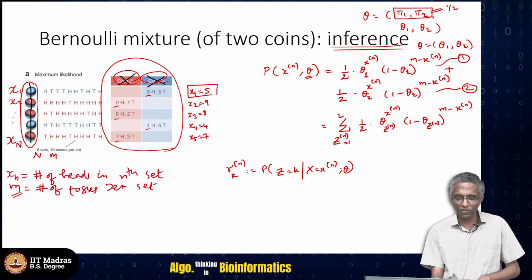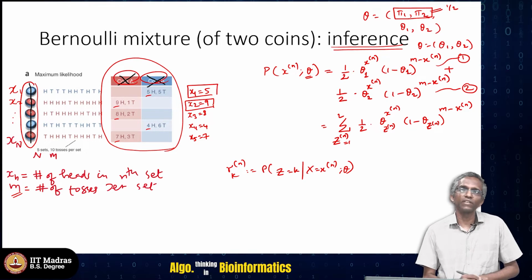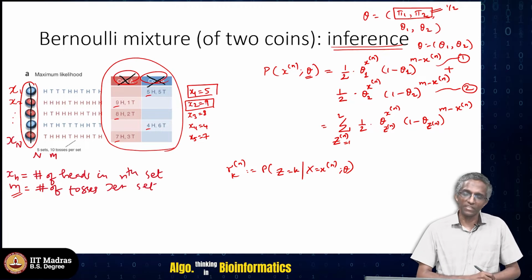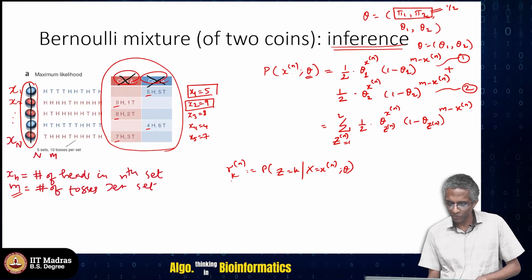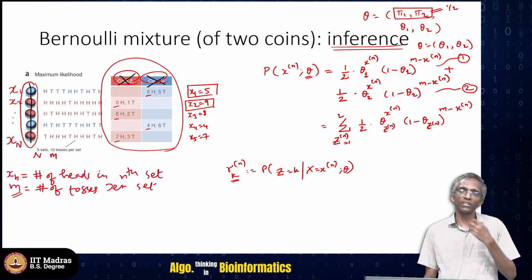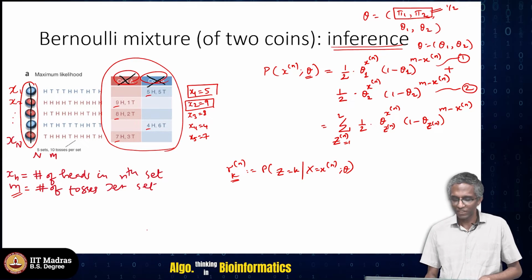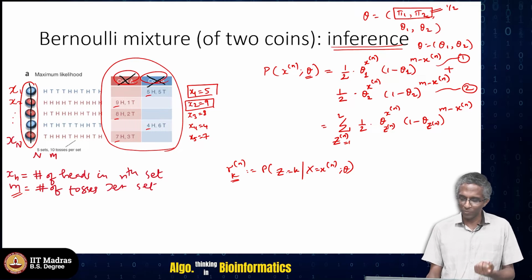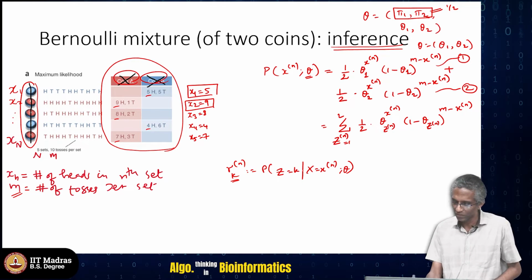What is the probability that coin A would have generated 5 heads, and then for x2, what is the probability that coin A would have generated 9 heads, and so on. So you can ask for any value. If k equals 1, that is the probability that coin A generated this particular set of heads. If k equals 2, then it is the probability that coin B generated this set of heads.